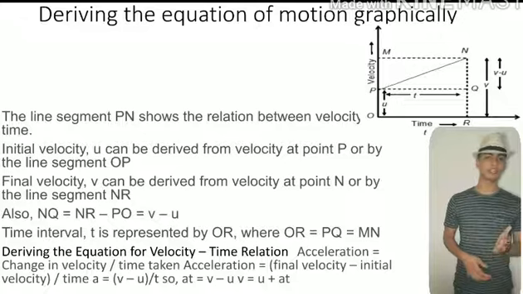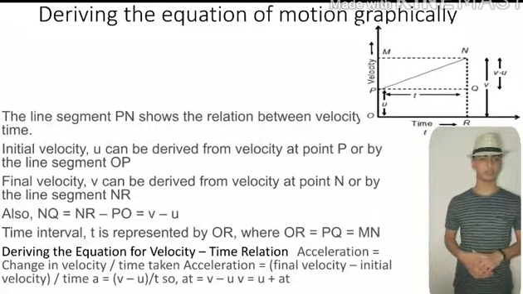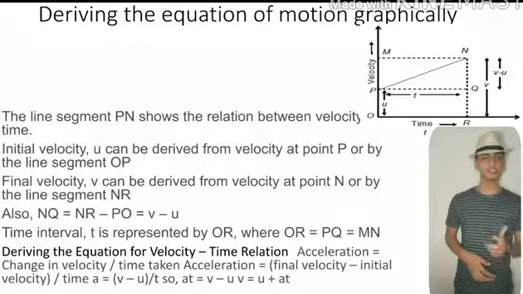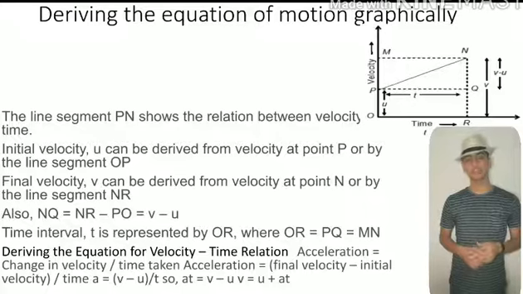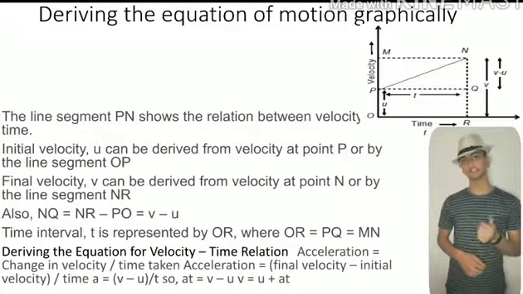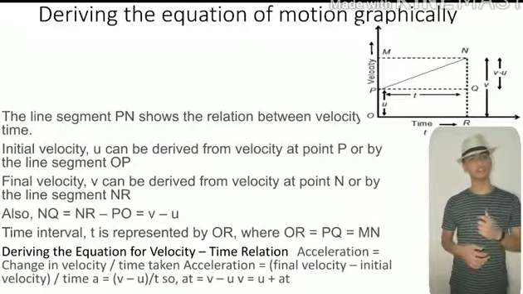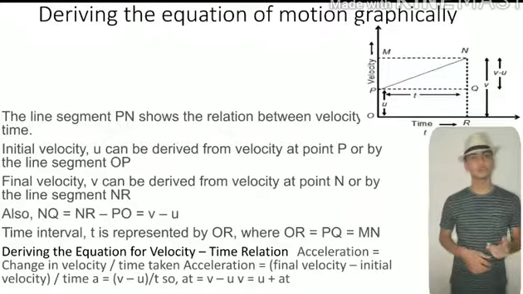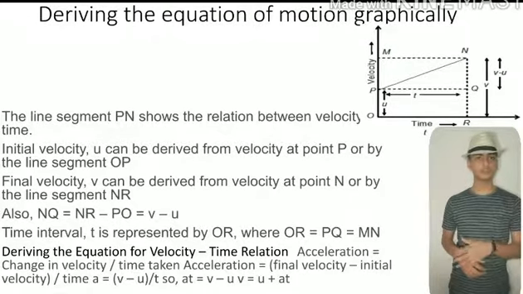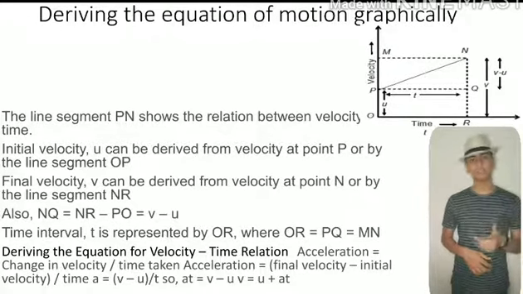First, let's derive the equation for the velocity-time relation. Acceleration is the change in velocity over the time taken. The change in velocity is the final velocity minus the initial velocity, divided by time. Taking acceleration as a, final velocity as v, initial velocity as u, and time as t, we get at equals v minus u, making v equals u plus at.